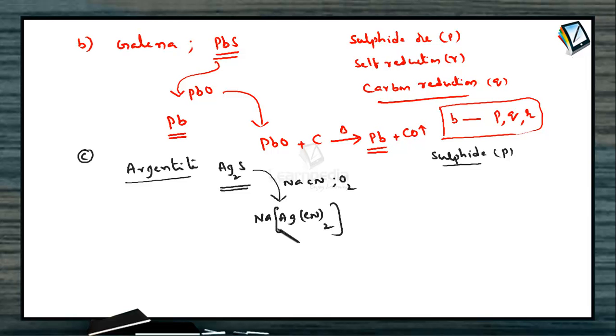This soluble complex is then treated with the reducing agent zinc metal, where zinc, being more electropositive than silver, displaces it to give Na2[Zn(CN)4] and silver is obtained.